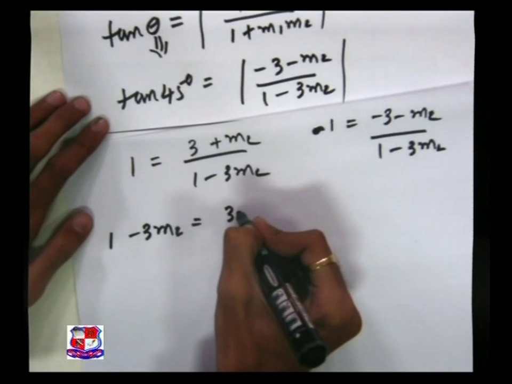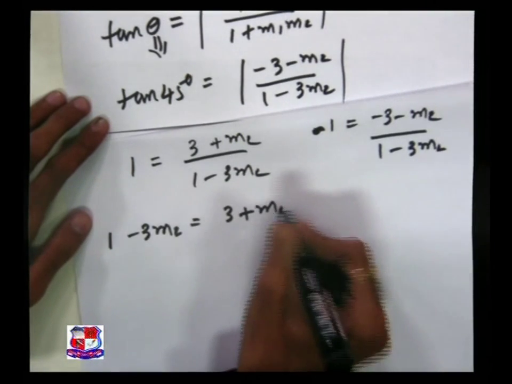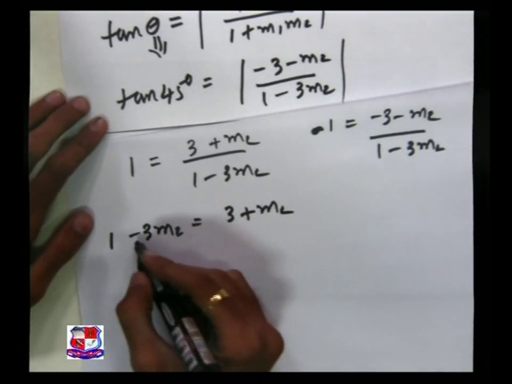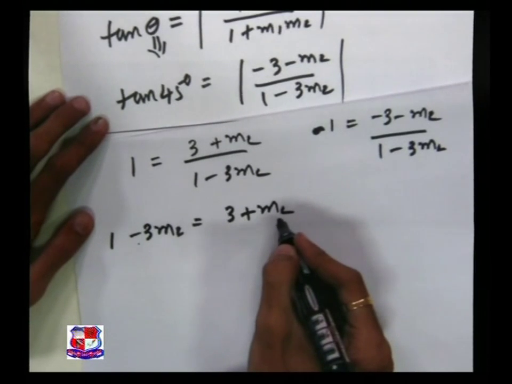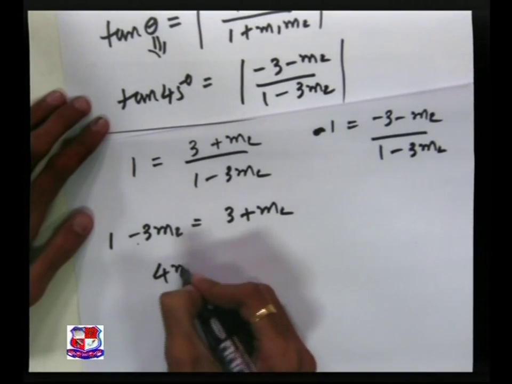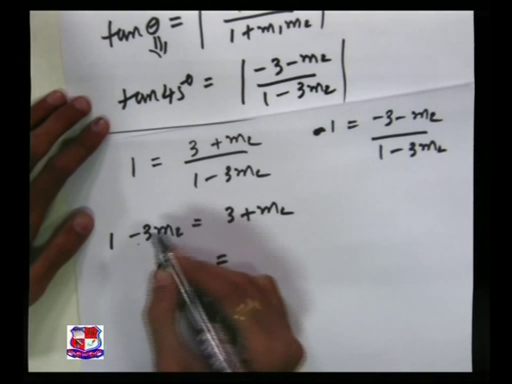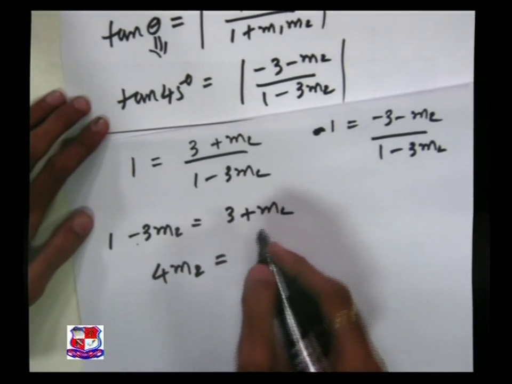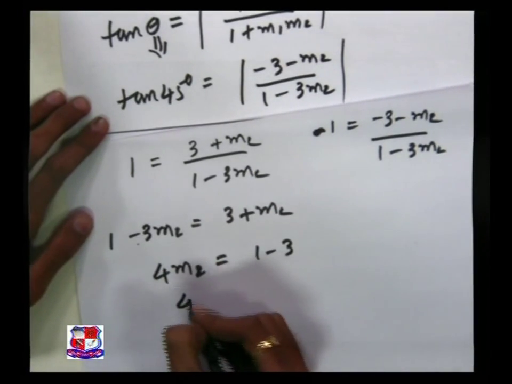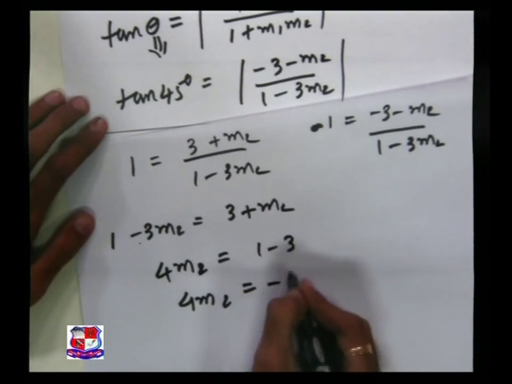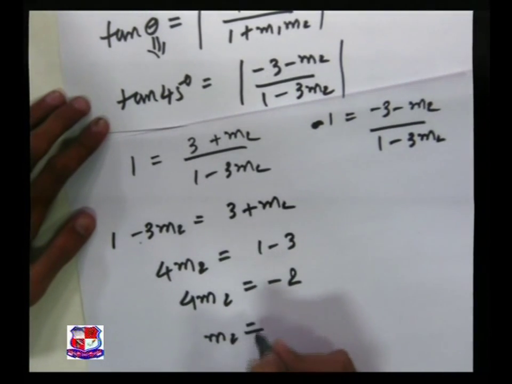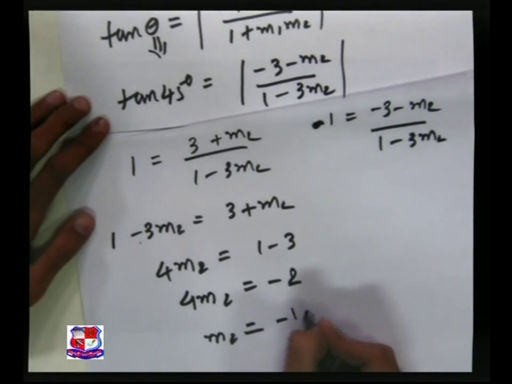3 plus m2. So minus 3m2 goes to this side, so 3m2 plus m2 is 4m2, and we get 1 minus 3, so 4m2 is equal to minus 2, so m2 is equal to minus 1 by 2.